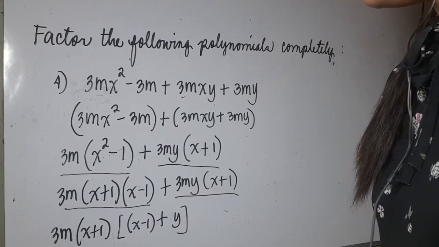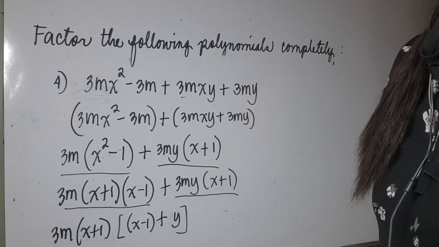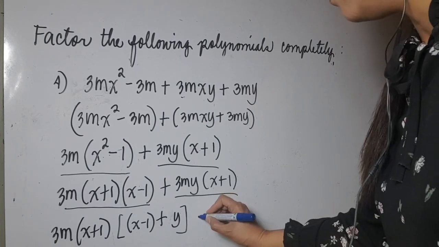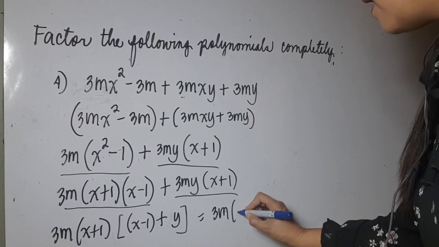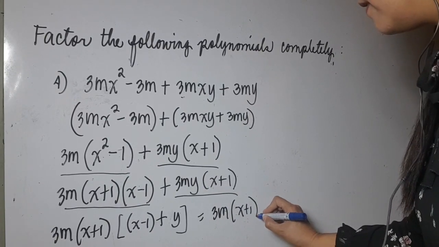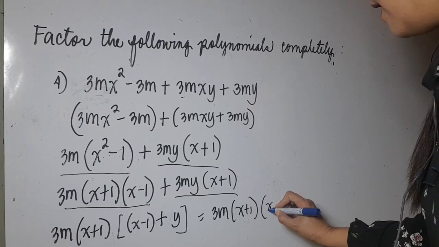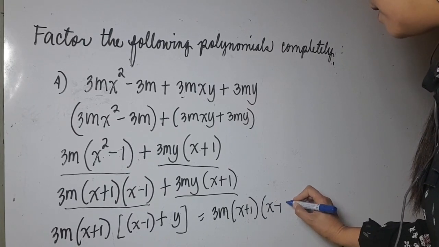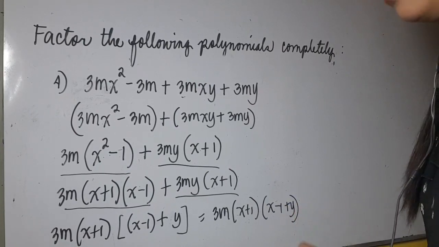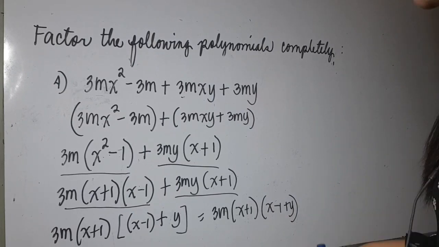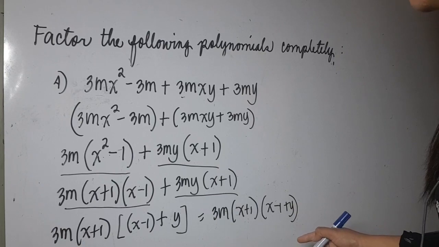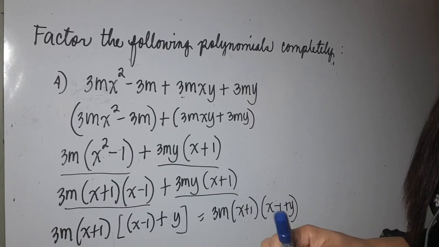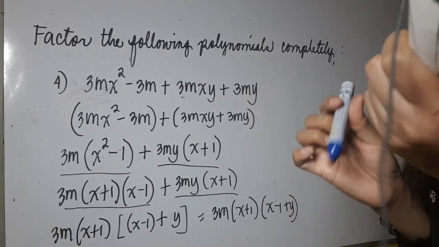Okay, so let us write the factors. So this is equal to 3m times x plus 1 and then x minus 1 plus y. Or pwede mo rin siyang isulat as 3m times the quantity x plus 1 times x plus y minus 1.